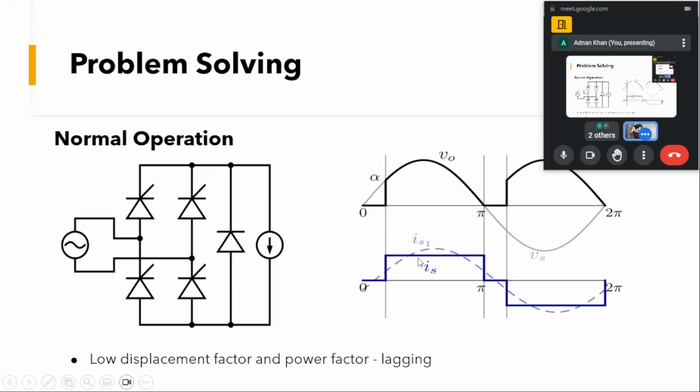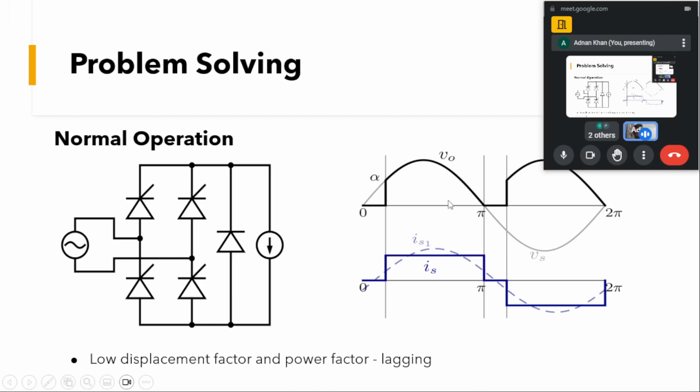Also, what we saw previously is that the zero crossing of the fundamental of this quasi square wave will be at alpha by 2.